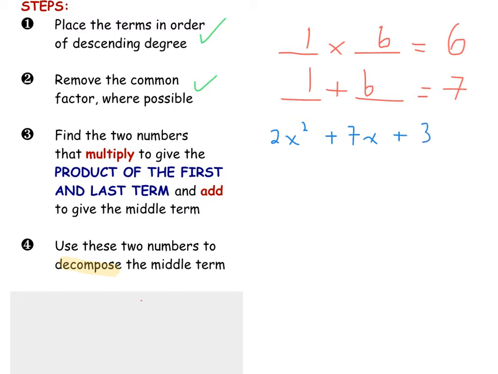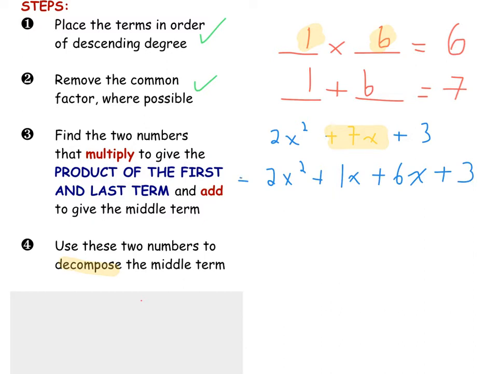So what I'm going to do in this step, instead of writing 7x, I'm going to decompose it using the numbers that I found above, into 1x and 6x. So 2x squared plus 1x, or just x simply, plus 6x plus 3.